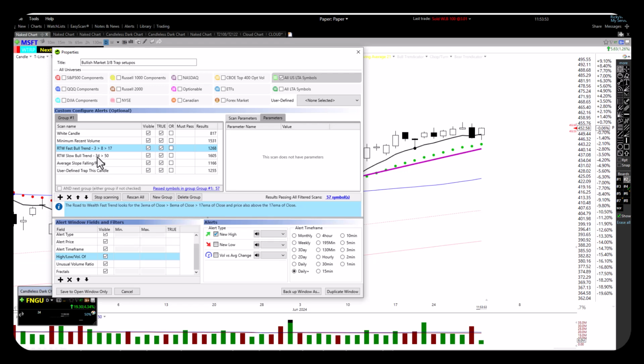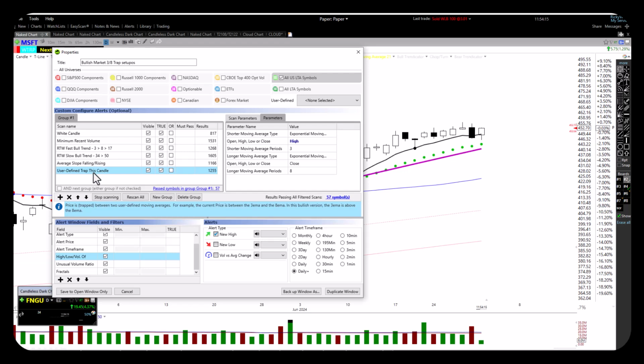I also want the slow Road to Wealth trend, 34 above the 50. So what we've said here is the 3 above the 8 above the 17 above the 34, and the 34 above the 50.